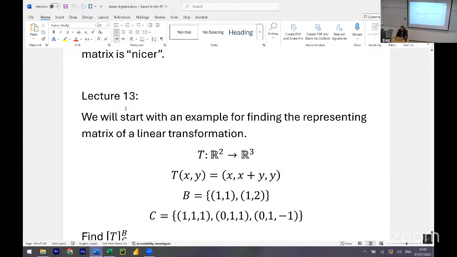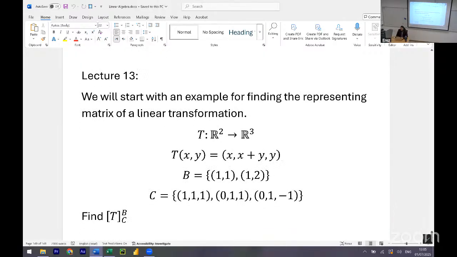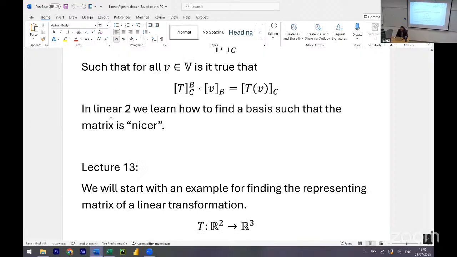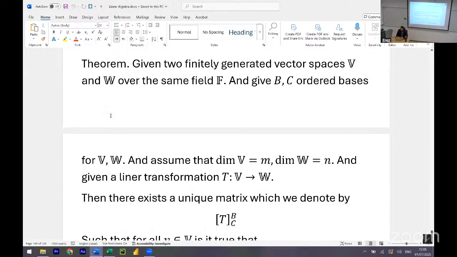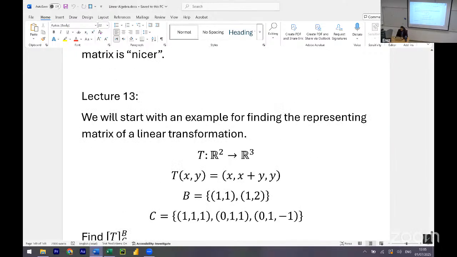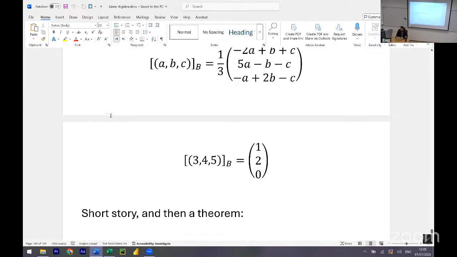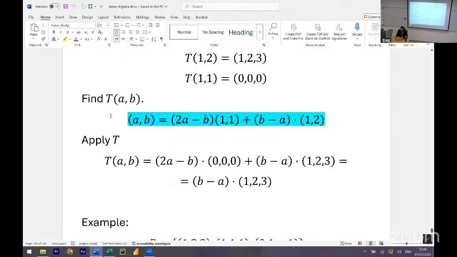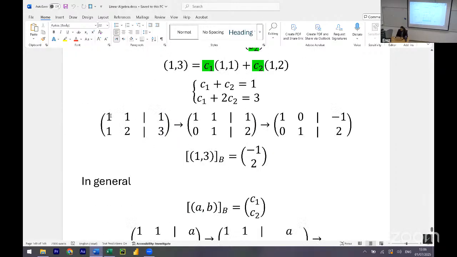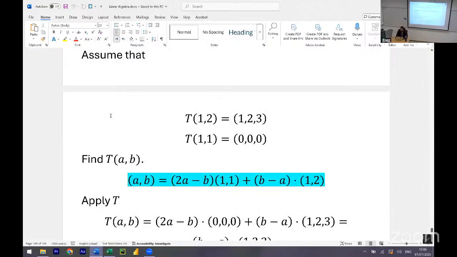No, I wrote it. We will start with an example of finding the representing matrix of a linear transformation. I think I didn't mention something important for this.